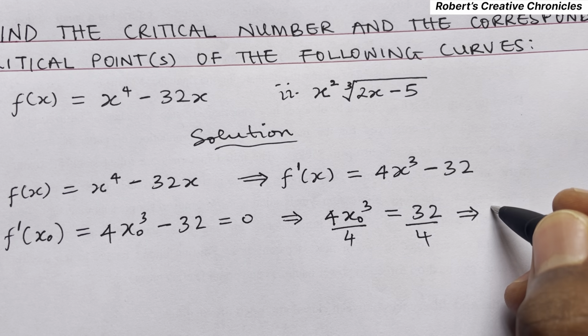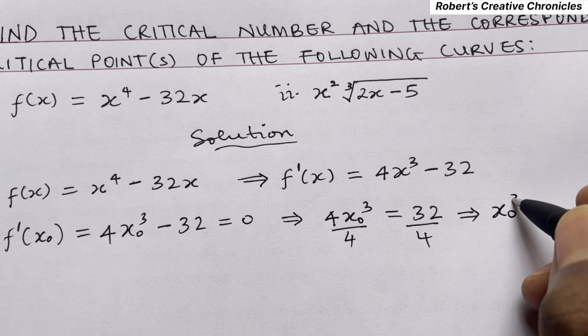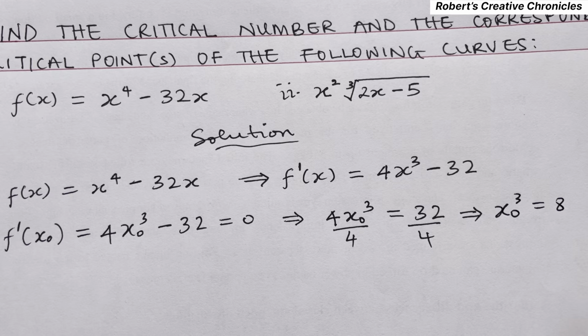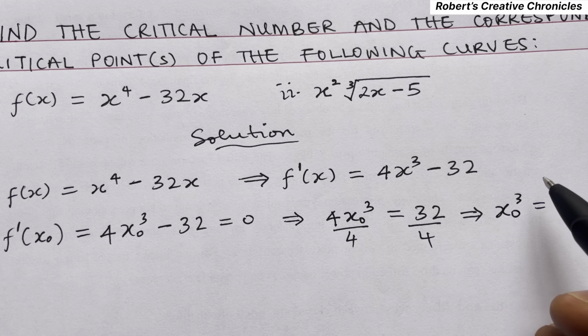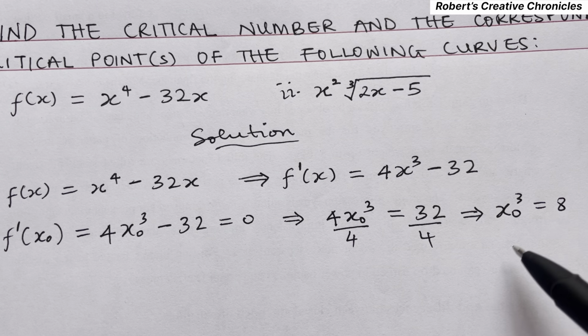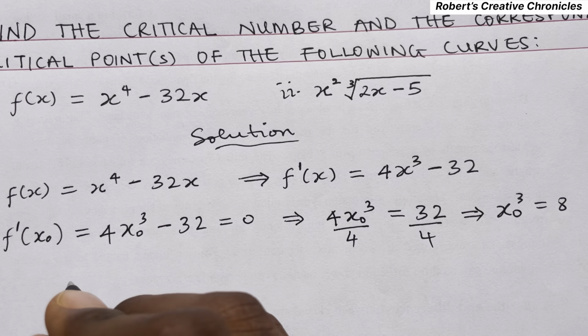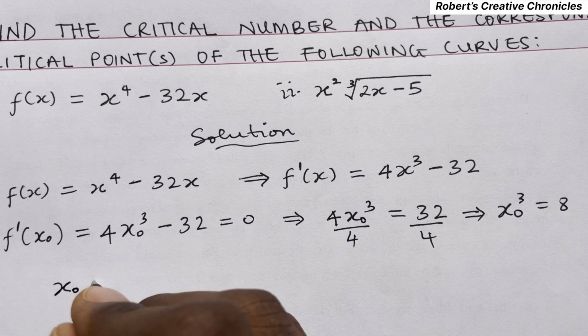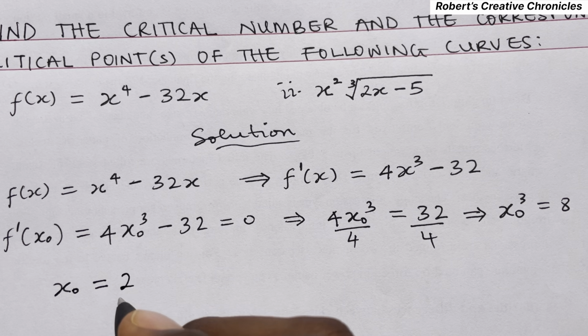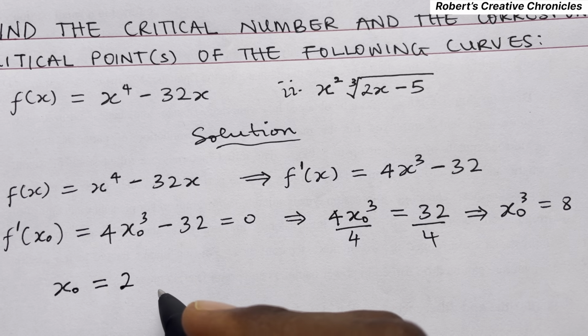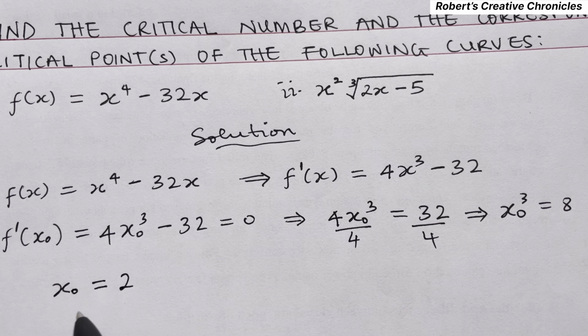So this becomes x naught cubed is equal to 8. Now we'll take the cube root of both sides. This becomes x naught is equal to 2, because the cube root of 8 is 2. So our critical number is 2.